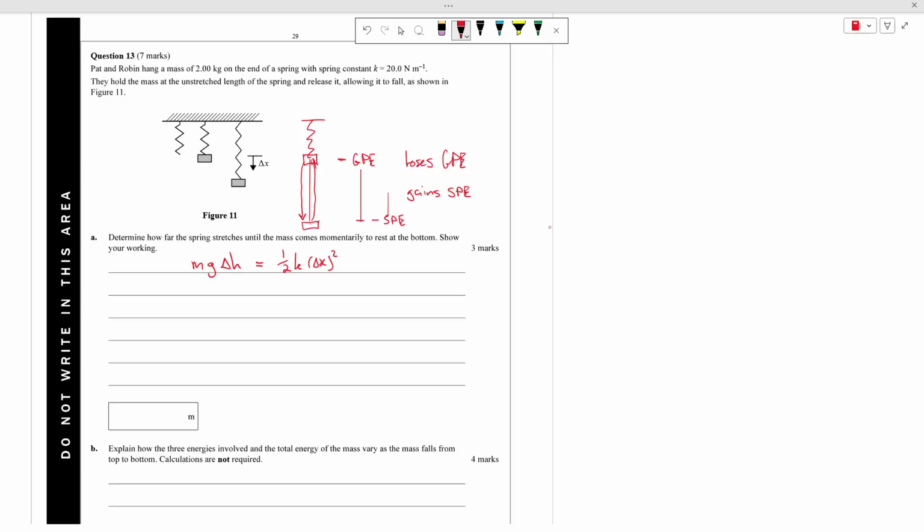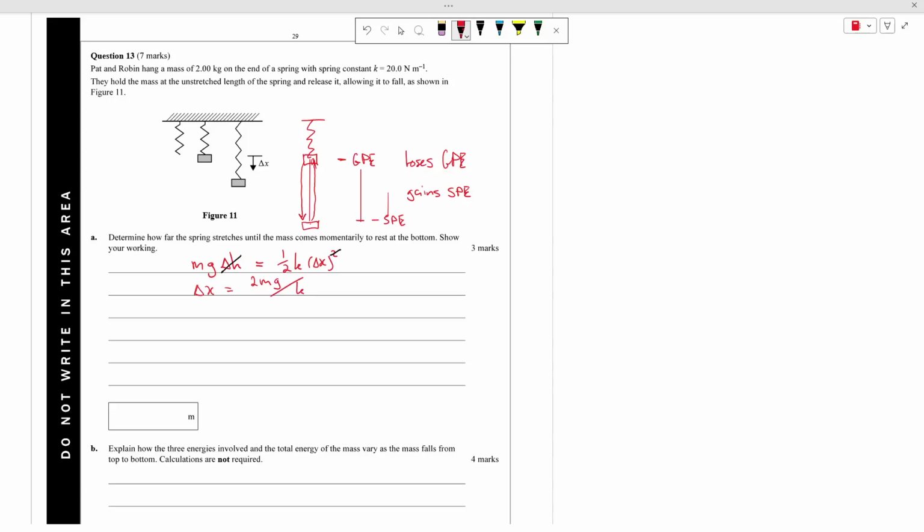And we can actually use that to our advantage here because I can now cancel one of those quantities from each side. So that cancels out with one of those delta x's. Okay, and so now if I solve for delta x, it equals 2mg, because half multiplied by 2 across there, over k.